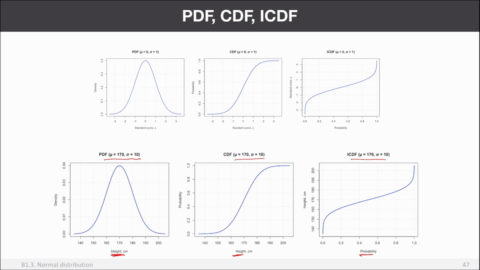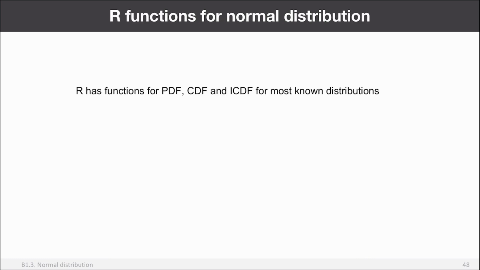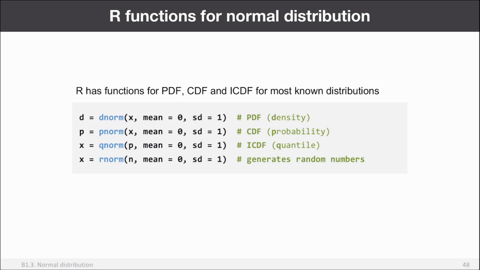Like in the uniform distribution, R has these functions for the normal distribution. So first of all, it's this PDF, CDF, and ICDF function. You remember in the uniform distribution, it was the D function because it's density, dunif we call it. Then we have the P function that provides probability, punif.